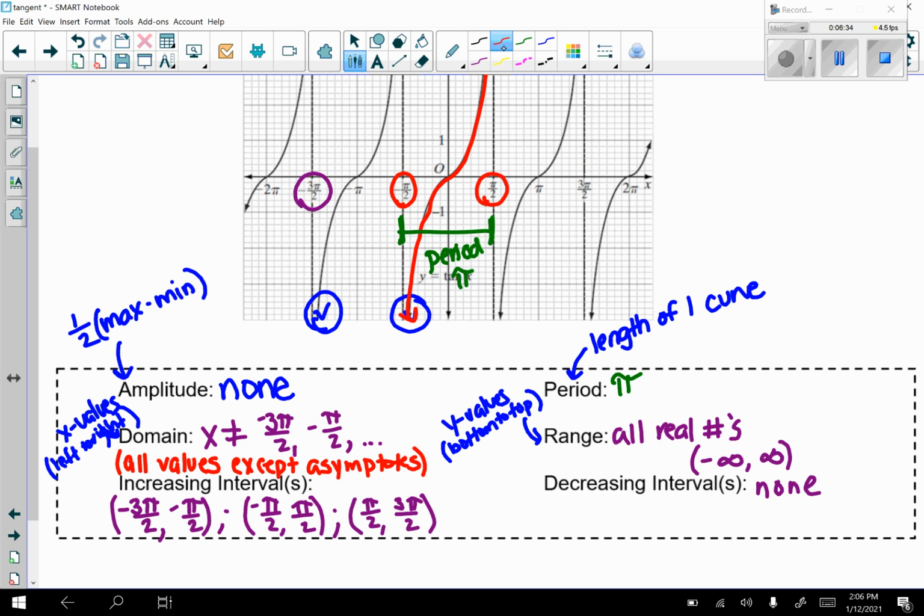So even though I'm only showing you a snapshot of the graph, this is the same thing that would continue if I extended my graph or my x-axis in either direction. So in other words, this is in between the asymptotes. So these are our characteristics of our tangent graph.